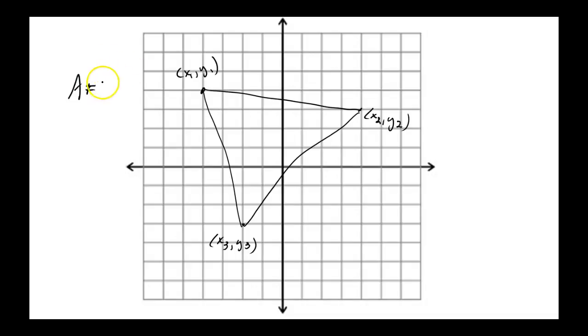Area is equal to 1/2, interestingly, the determinant of this, and this is in the xy plane now, x1, y1, 1, x2, y2, 1, x3, y3, 1. Those coordinates done like that. So where does the 1 come? Oh, I'm sorry. I left off something. Plus or minus. Okay.